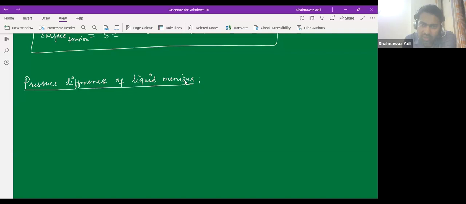Okay, let us understand this thing, and then we will derive. I have this notebook, and if I am applying the same force from this side and the same pressure from this side, then what will happen?